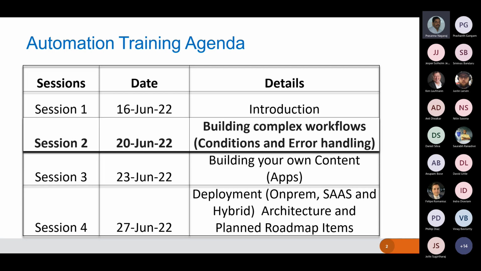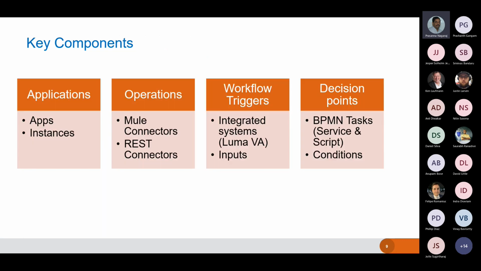We would cover those scenarios where to use conditional, where to use the error handling boundary events, and then how do we create a workflow, a little bit more complex than the simple workflow which we did on day one. We would walk through one of the complex workflows, and then we would have some assignments planned for you to complete the training part of it. So that's the session two which we have planned.